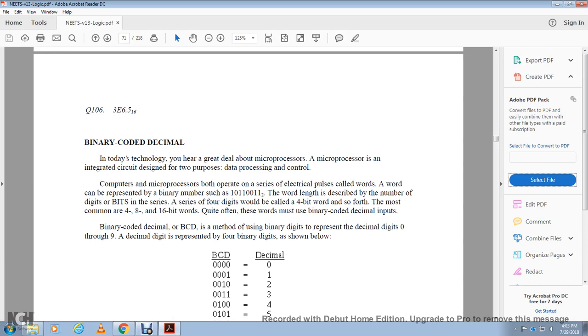Quite often, these words use the binary coded decimal, or BCD, method. BCD uses binary digits to represent the decimal digits 0 through 9.